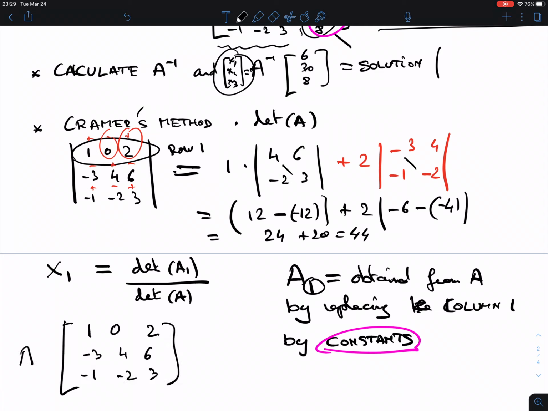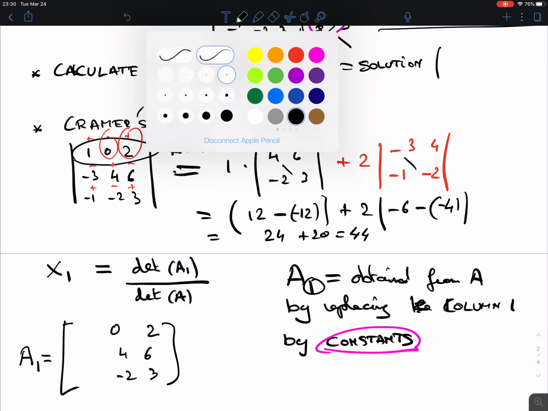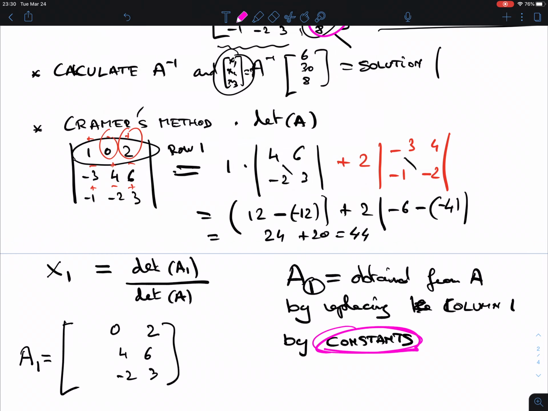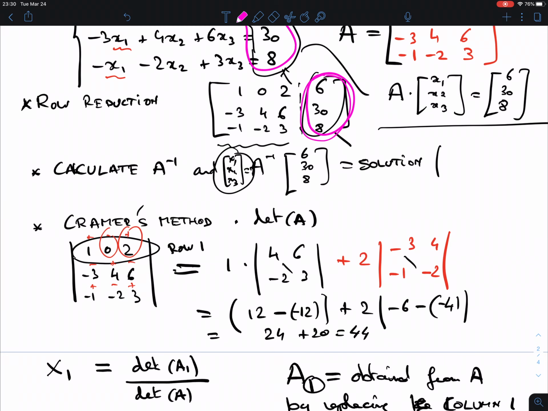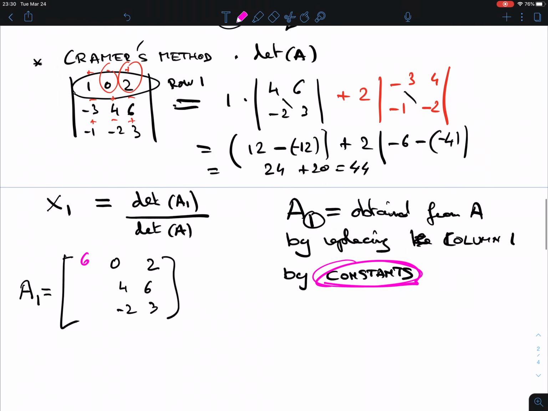And so what is A1 now? In A1 you delete this column and then plug in the constants, that was this column, 6, 3, 8. And of this matrix, I have to calculate the determinant.